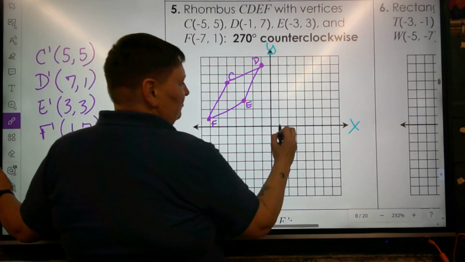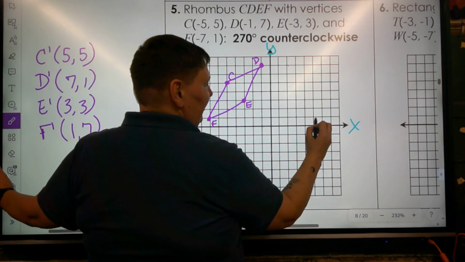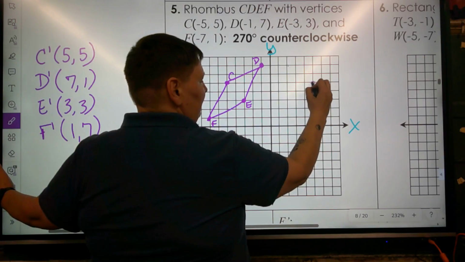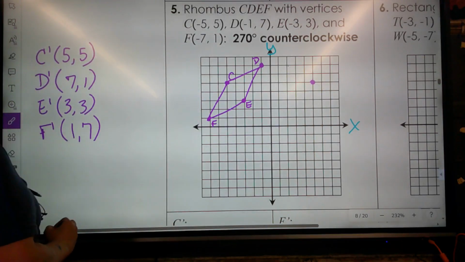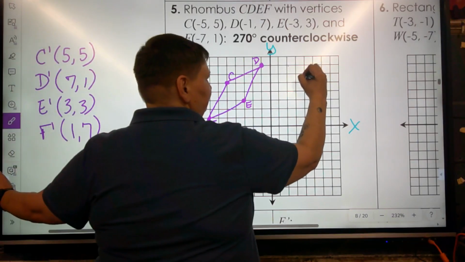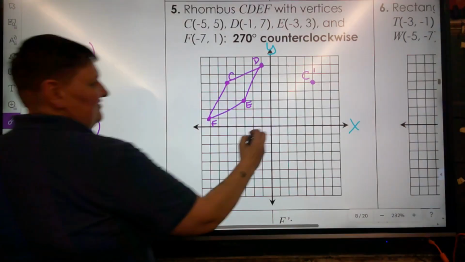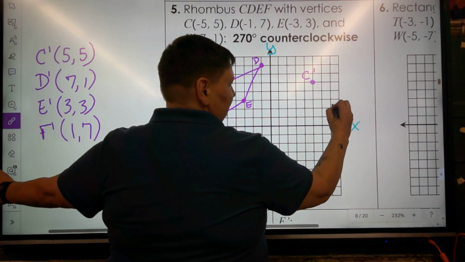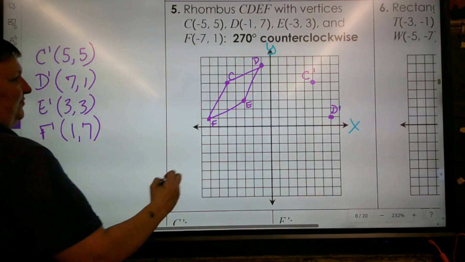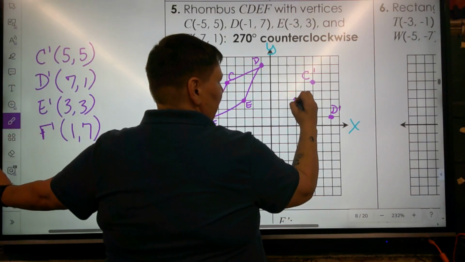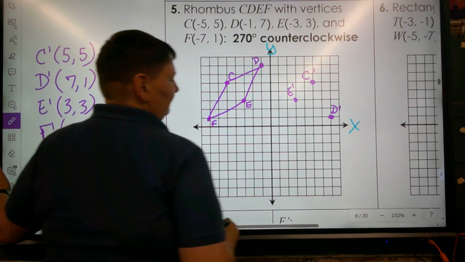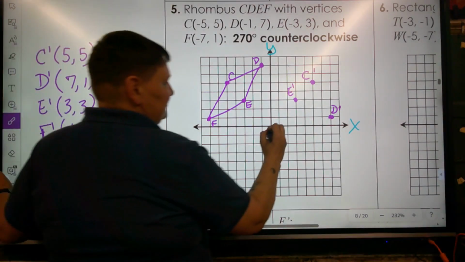5, 5. 1, 2, 3, 4, 5 to the right. 1, 2, 3, 4, 5 up. That's C prime. D prime, 7, 1. E prime, 3, 3. F prime, 1, 7.